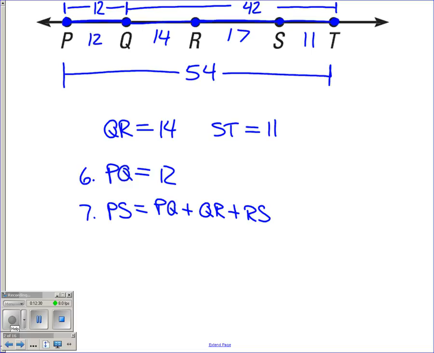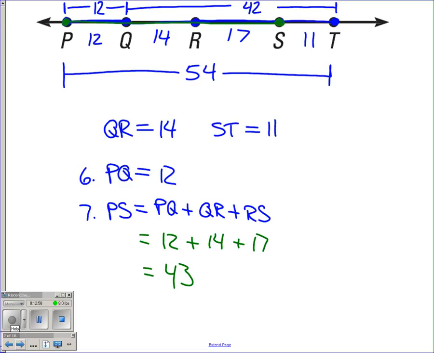It's going from P all the way to S. So the 12 plus the 14 and the 17, those are the individual segment lengths. Well, 12 plus 14 is 26 plus another 17. That's 43 units.